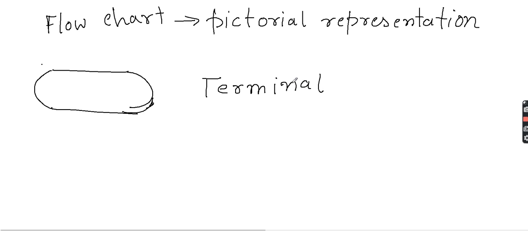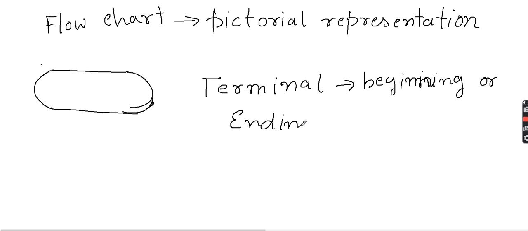This basically indicates the beginning or ending of an algorithm. So this is called a terminal.